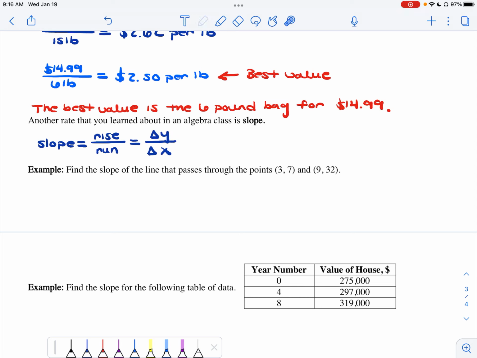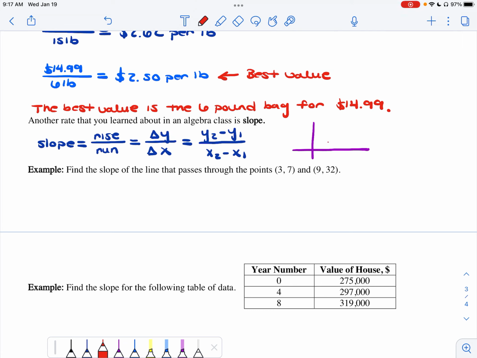Now, if you're talking specifically about 2 points, change in y over change in x translates to y2 minus y1 over x2 minus x1. Let me just draw you a little graph right here.